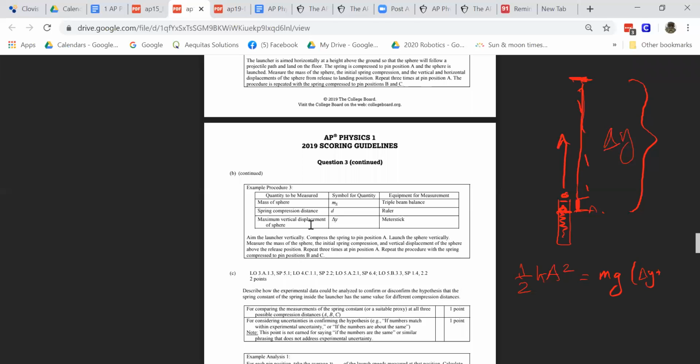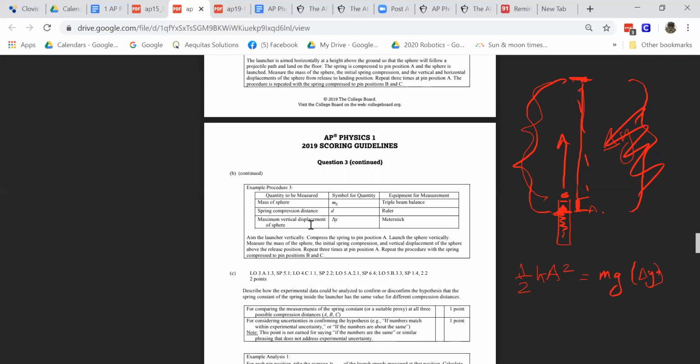Well, hold on a second. If I'm defining delta y to be the height above the gun, no, we can do this. We can define delta y just to be from where the ball or pellet or whatever it is starts from, so that'll keep it simple.